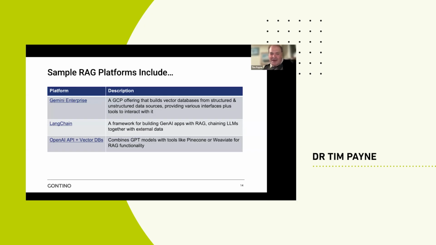LangChain I throw in there because it's the main tool you use from a coding perspective. It's mostly, from memory, Python based. I think it's got some GUIs associated with it, but it's really a framework that allows you to build code. So unless you're into Python coding, it's probably not something you'd want to focus on.